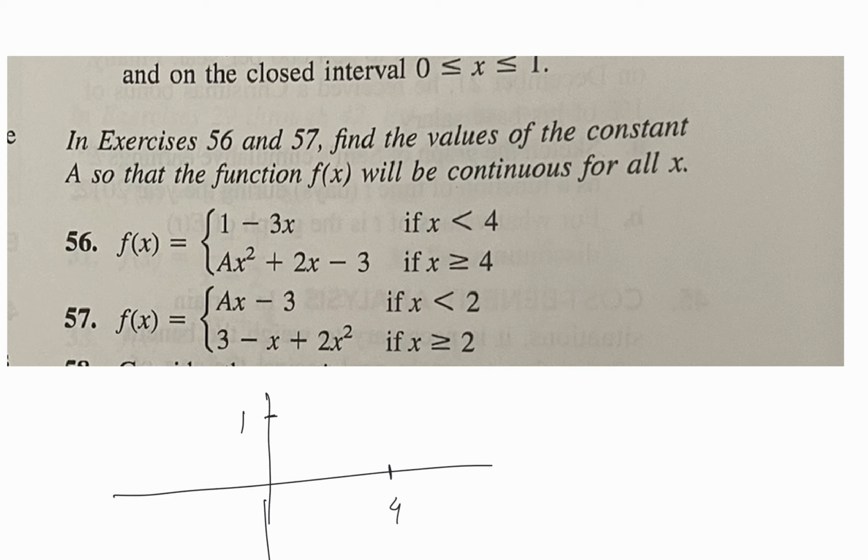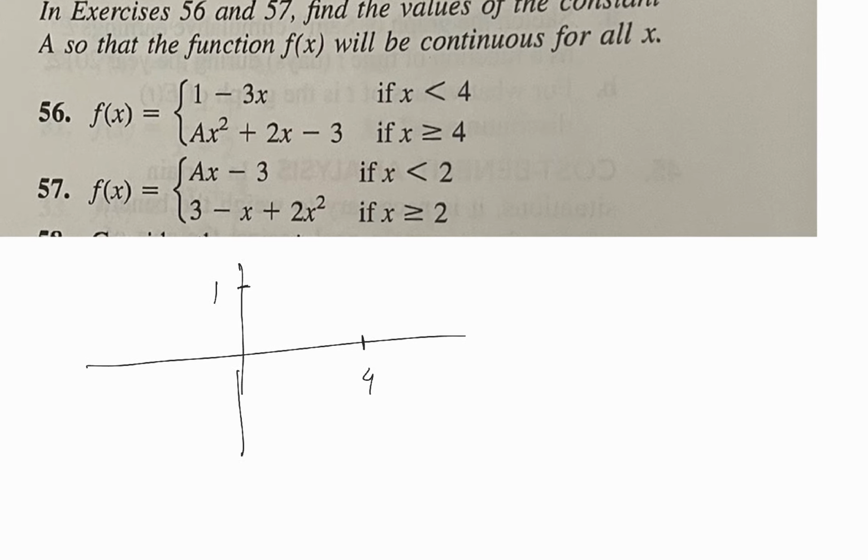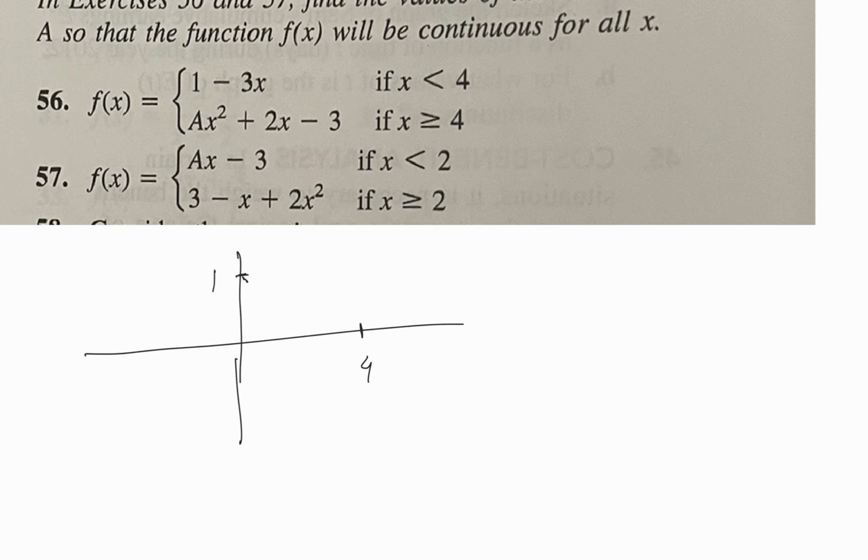When x approaches 4, 3 times 4 is 12, so 1 minus 12 is minus 11. So the function will do something like this, and at x equals 4 this will be minus 11, and this is the rectilinear line that is defined when x is less than 4.